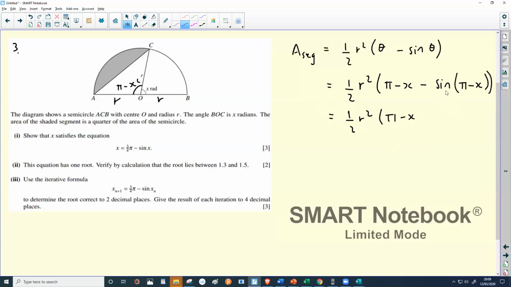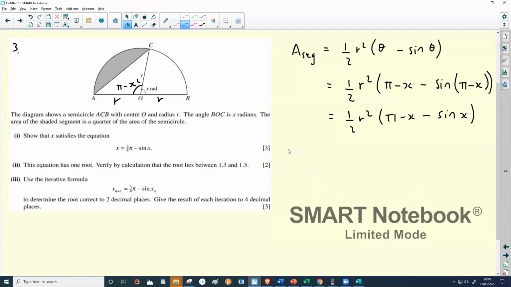Now the thing to remember is if x is acute, sine of pi minus x is the same as sine of x. That is one of the rules about sine of an angle. So here, this is the same as saying sine x.